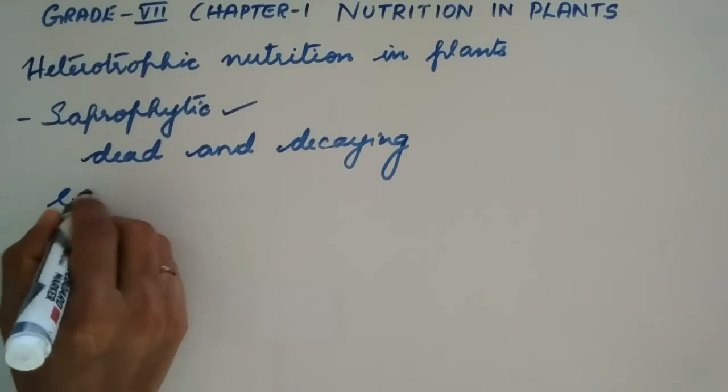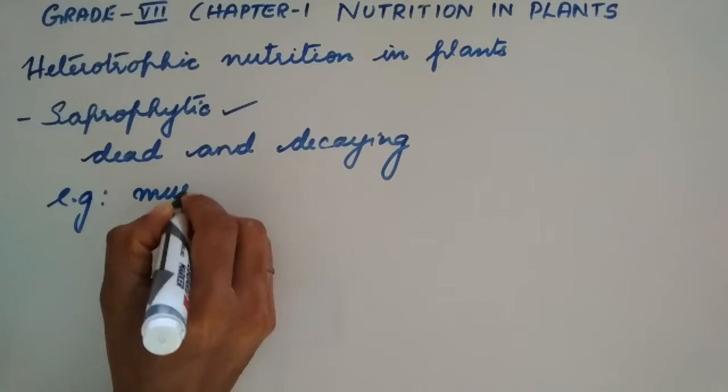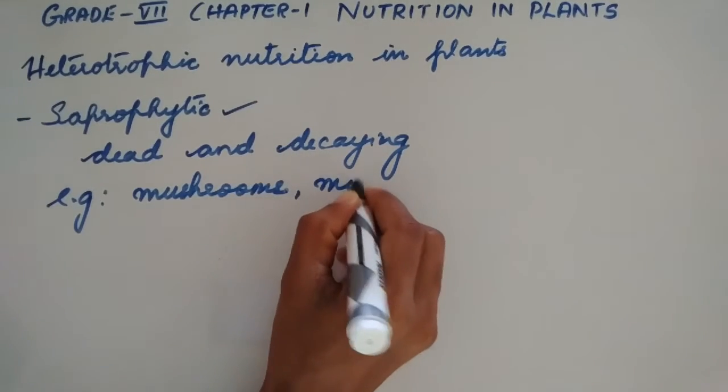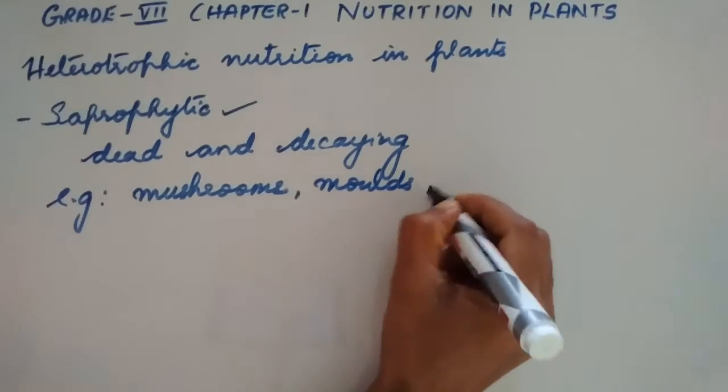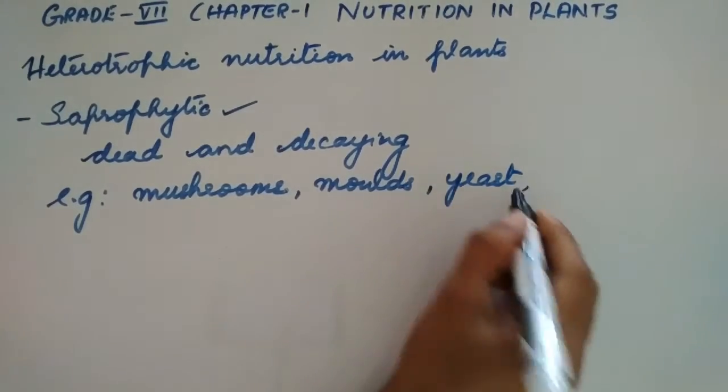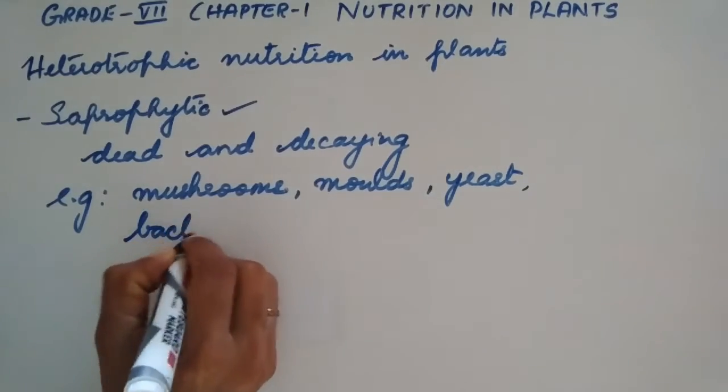So examples: mushrooms, then you have molds, yeast. All these are the examples of saprophytes, and also some bacteria.